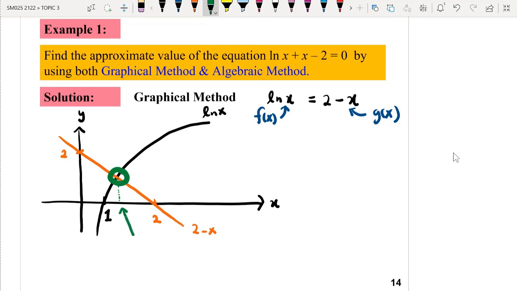So I just approximate it to be x equal to 1.5. At this point, you can approximate any value as long as it is between 1 and 2. For example, you can approximate x as 1.3 or 1.4. It's up to you as long as it is between 1 and 2. So that's for the graphical method.